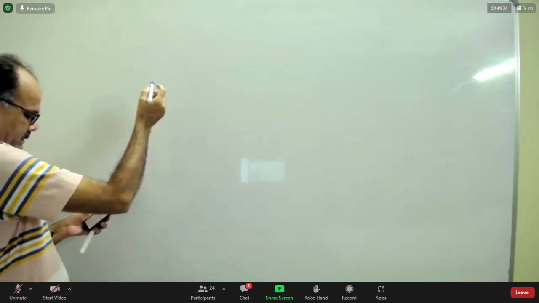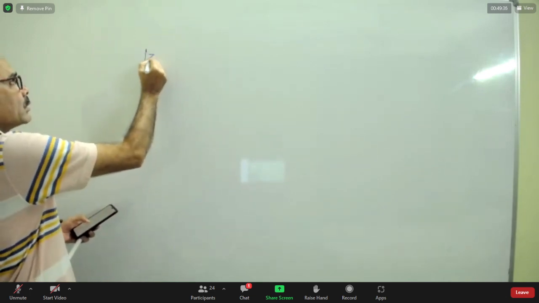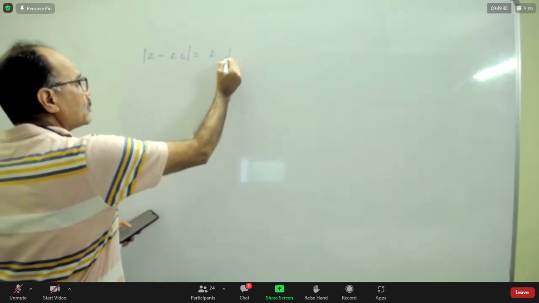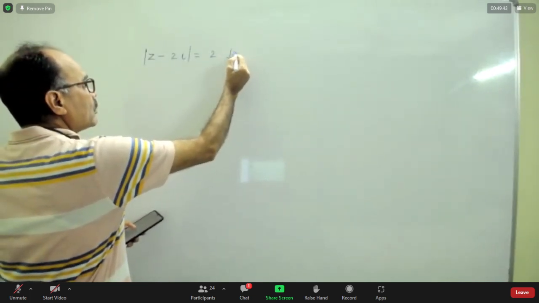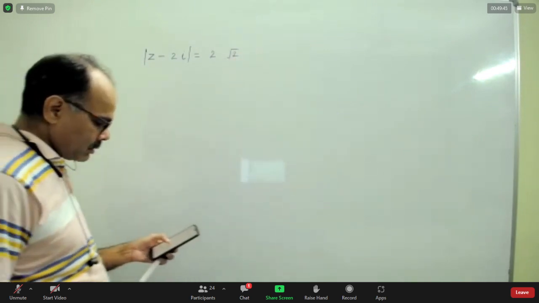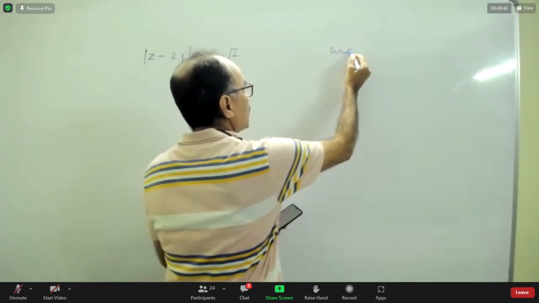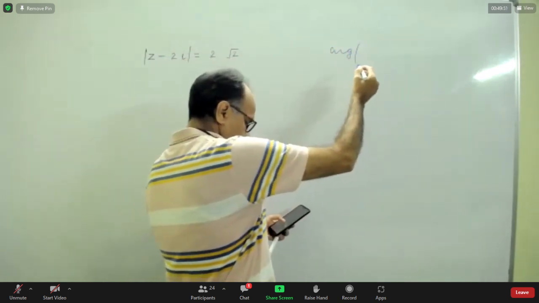Z lies on the circle mod of z minus 2i equals 2 root 2. Then the argument of z minus 2 by z plus 2.